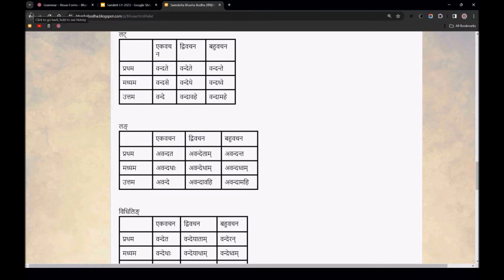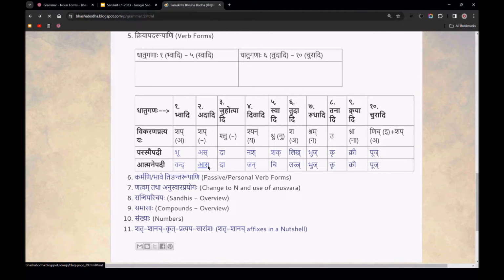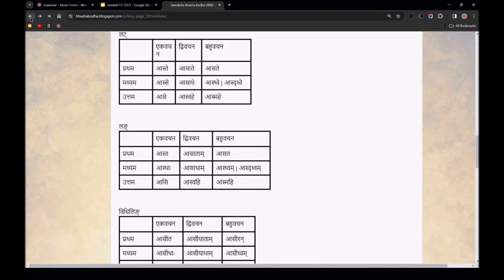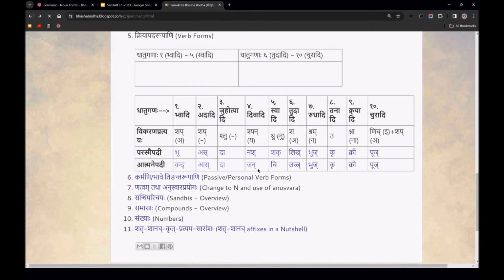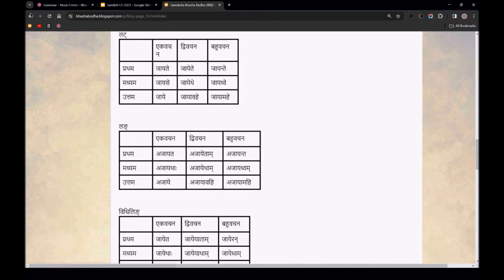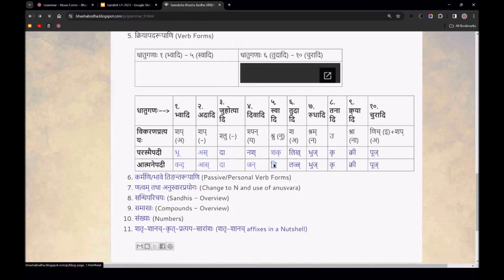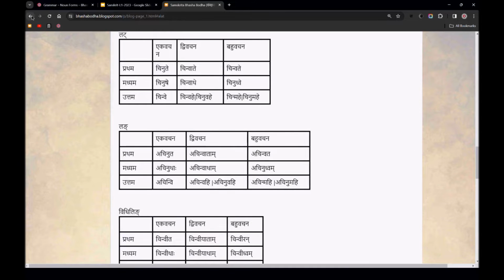do a namaskar, vandana. Then same thing, if you take aste, then datte, ending in te, jayate, then chinute, like that.